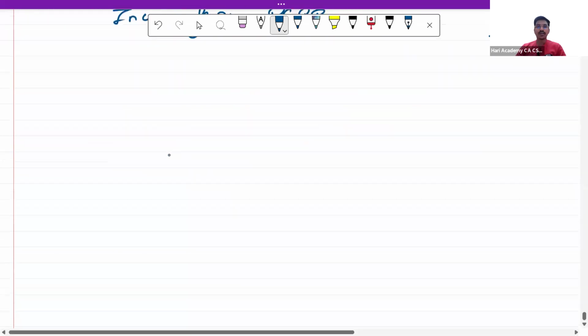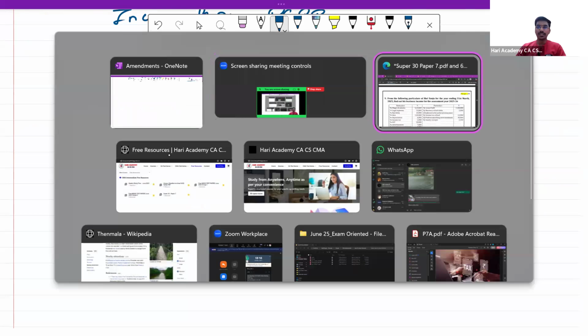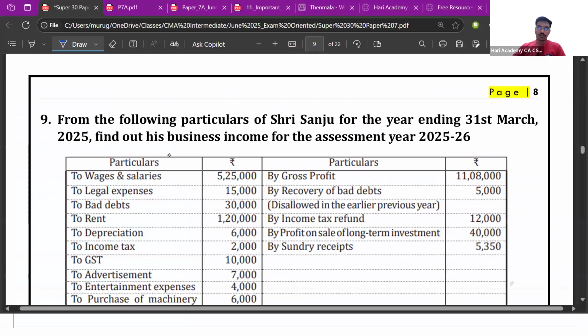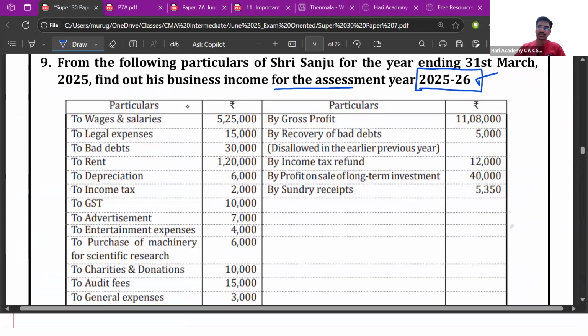Now let us get into the question to understand this type of question. From the following particulars of Mr. Sri Sanju, for the year ended 31st March 2025, find out the business income for the assessment year 25-26.